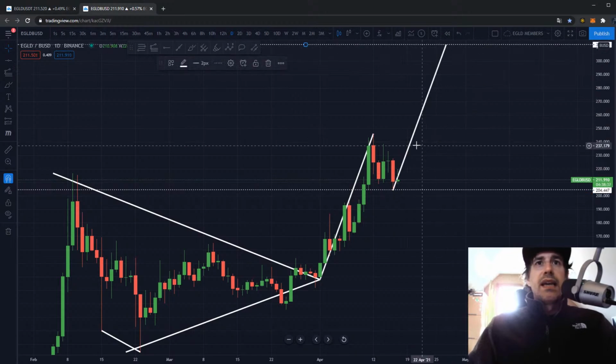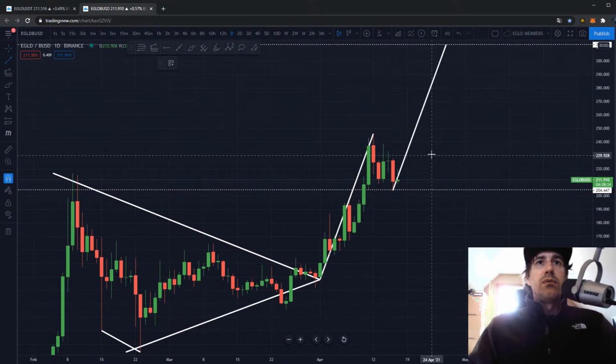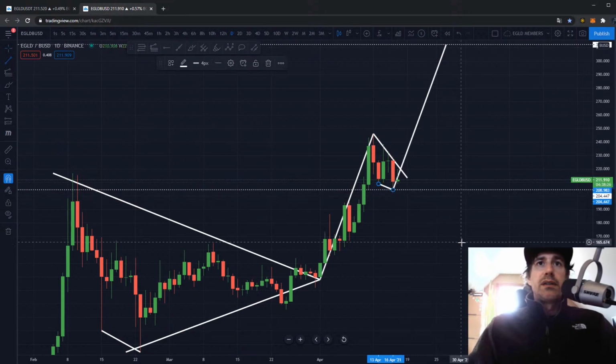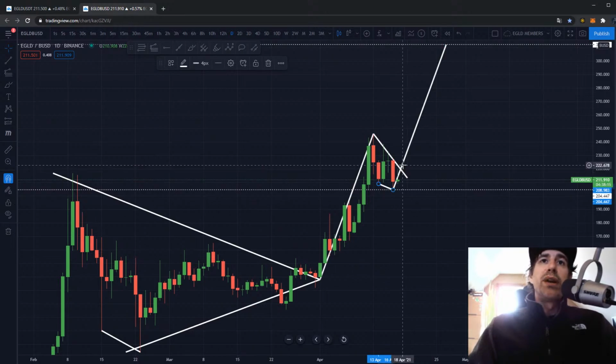Okay. And here we will be able to figure out after the real destination, probable destination, after this bull flag here it is, sorry. How can I say that, where this bull flag is breaking out.